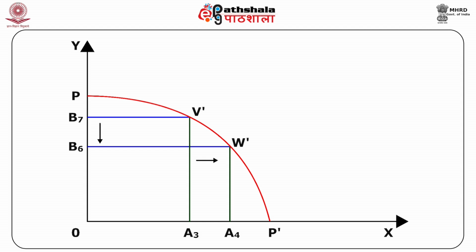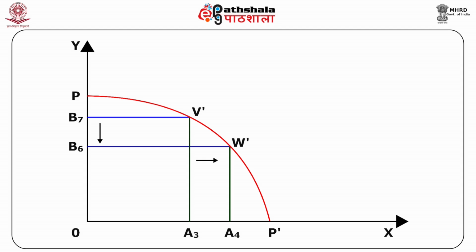Let us imagine that V prime is one such point. At this point, what we notice is B7 was exactly tangential to A3. Therefore, we plot the point which represents the given quantity which is A3 of X, which combines with the given quantity of Y which is B7, and this combination is represented as V prime.